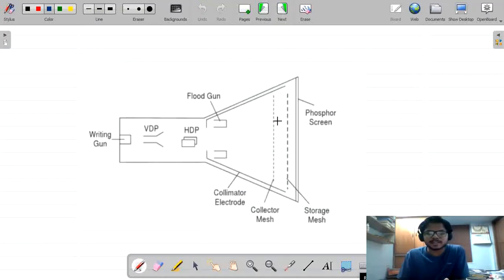By looking at this diagram, we can clearly see that the normal CRT has only a phosphor screen. We do not have the collector mesh and storage mesh. It is just a standard phosphor screen. But when we place this storage mesh, the storage oscilloscope differs from the normal oscilloscope.